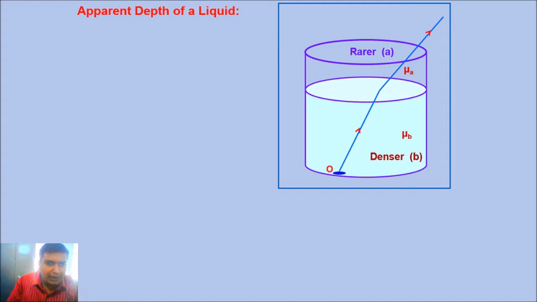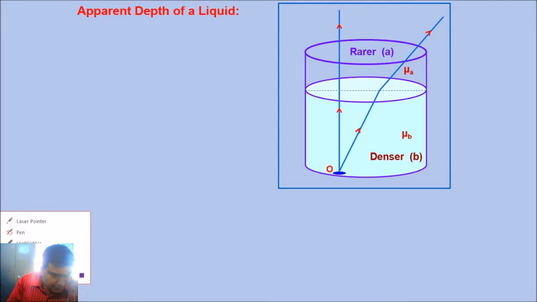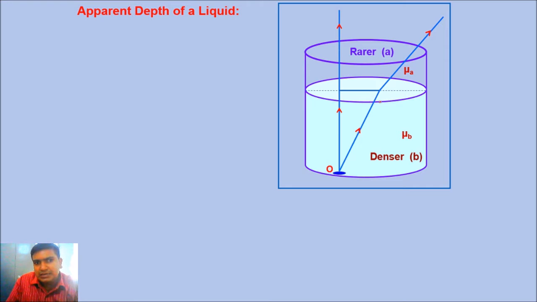So again, on drawing the normal here, we get it like this. This is the perpendicular distance between the normal and the incident light and refracted light.